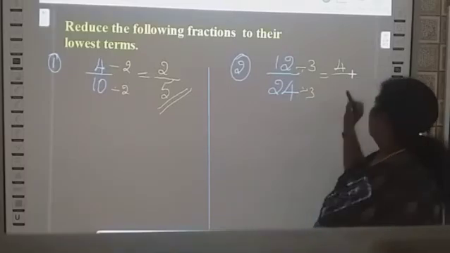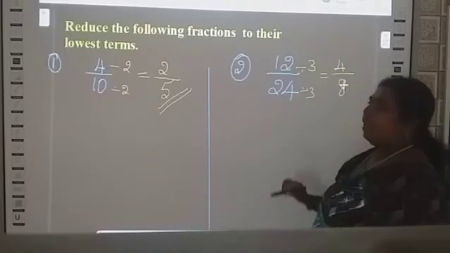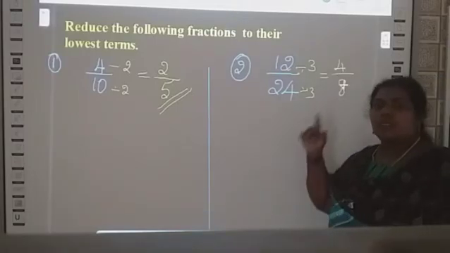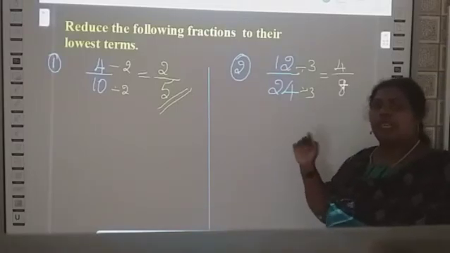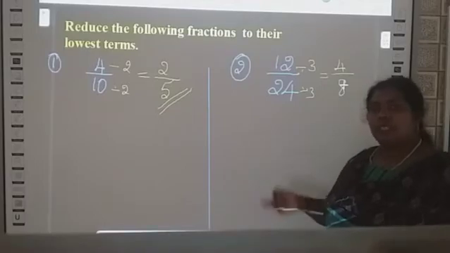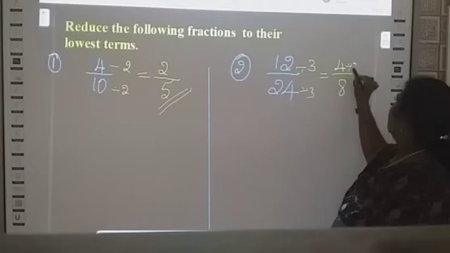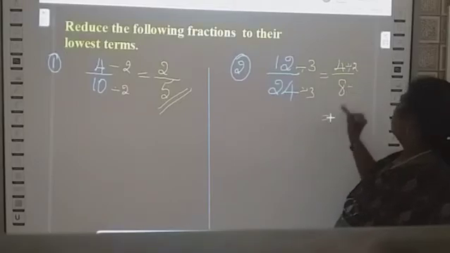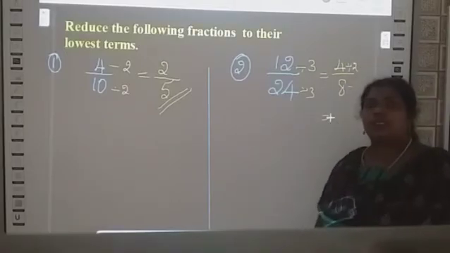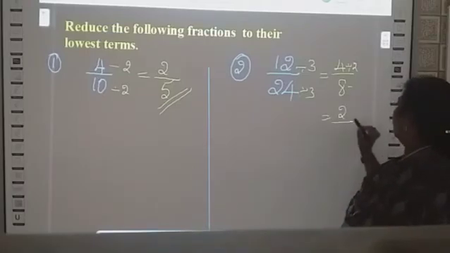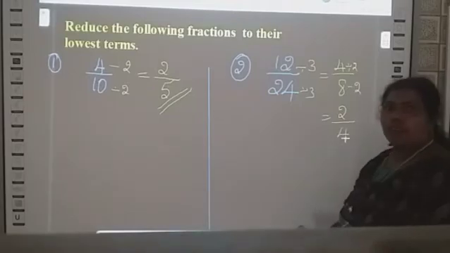8 times, right? 8. Again you can see here both numbers are even numbers, isn't it? So these two numbers, we can divide by which number? It is divisible by 2, isn't it? So again we can divide by 2, right? 4 divided by 2, what is the value? 2. Then 8 divided by 2 is 4, right?